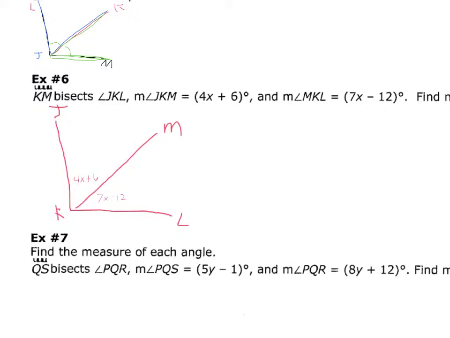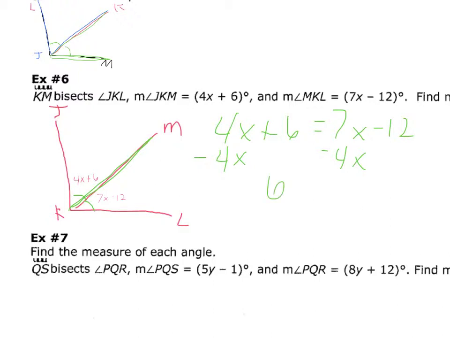Since we have JKM and MKL, and we know that since this is a bisector, making both of these equal, we're going to set these two expressions equal to each other. So we're going to set 4x plus 6 equal to 7x minus 12. Then we're going to solve. We get all the variables on one side and all the numbers on the other. We subtract 4x on both sides.